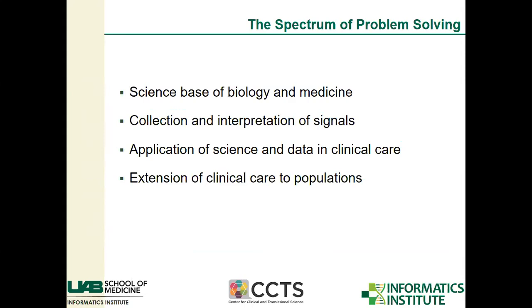It's very biology and basic science oriented all the way to population health oriented. But it really is about the collection, understanding, and connection of information and the delivery of that information. So interpreting signals from medicine, whether that's a person speaking, a physiological monitor, a lab test, etc.